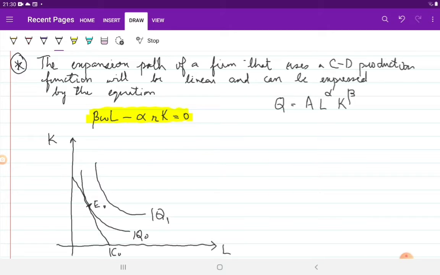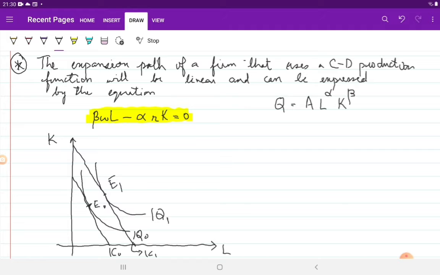If we assume that the wage rate and the cost of capital remain the same, the least cost combination for producing IQ1 will be represented by equilibrium point E1, where IC1 is the lowest possible isocost curve that just touches isoquant IQ1.